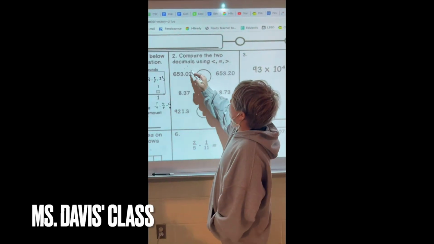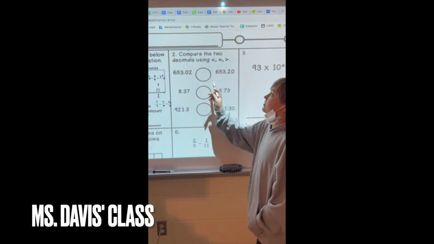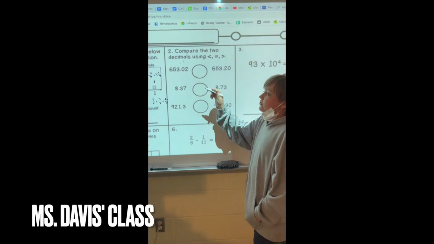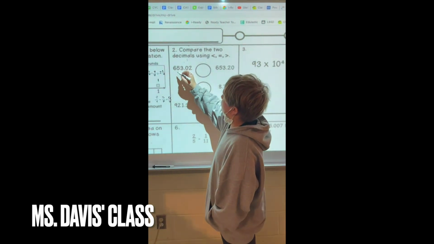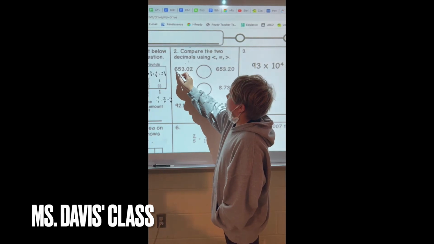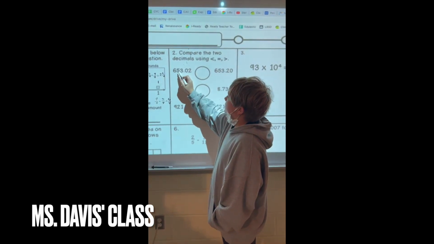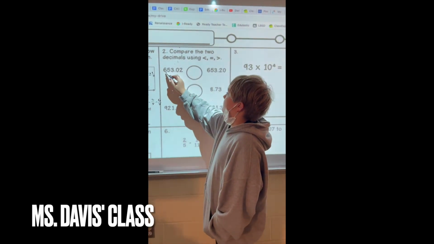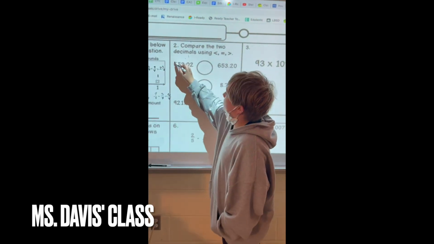So we are going to compare the two decimals using greater than, less than, equal to. Number one, we are going to look at the hundreds, tens, and ones first. We have a 6 in both, so we can cross these two off.